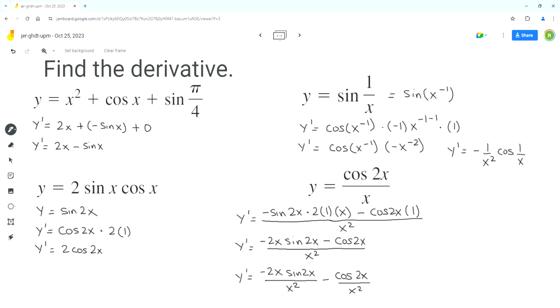Now we can simplify the first fraction by cancelling out one of the x's. So this should be the final answer for the derivative of this fourth function.